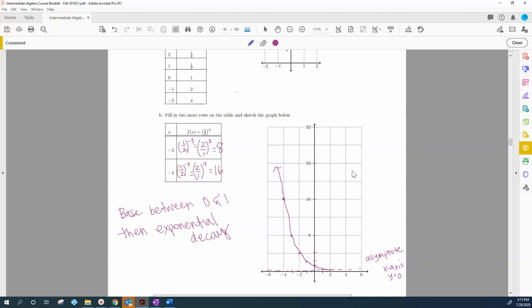So it's going to have you do a lot of graphing with exponentials. I want to talk about one where maybe the x-axis isn't our asymptote, because I don't want you to think that the x-axis is always going to be the asymptote, because that's not the case.